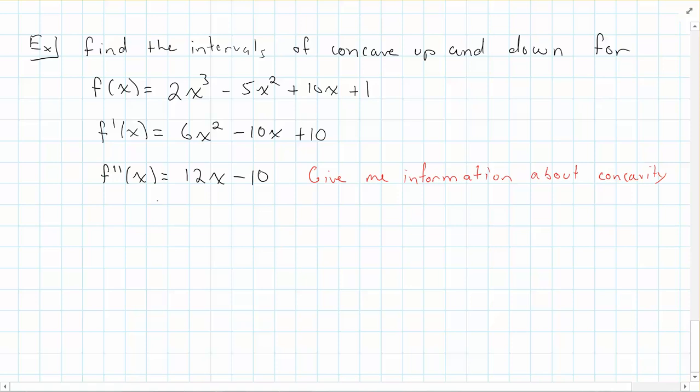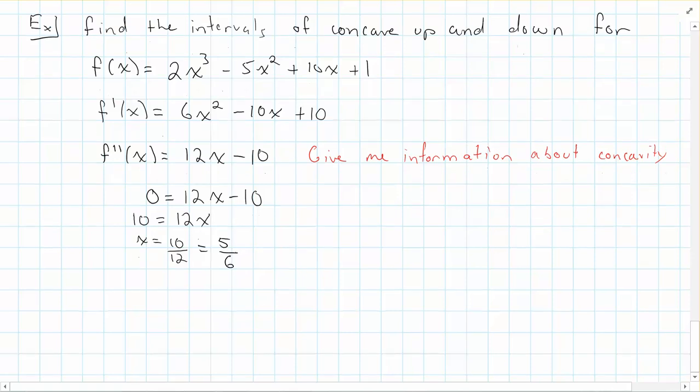They're not called critical numbers, but I'm going to find when this second derivative is equal to 0, because that's where I have no concavity. And so I'd have 0 equals 12x minus 10. And so then you have 10 is equal to 12x. And of course, x is equal to 10 over 12, which is 5 over 6.